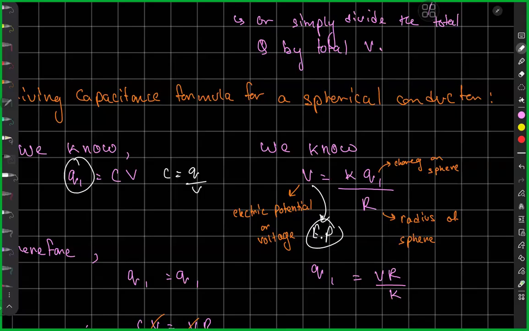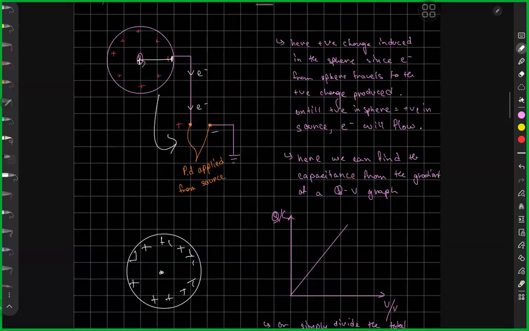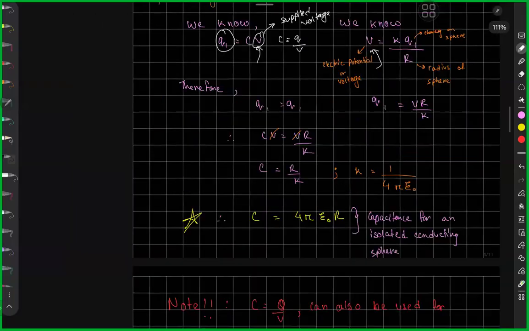It's the same thing. It can be classified as the voltage, no problem. So basically, we have two formulas with respect to voltage. One is defining the supplied voltage, not necessarily the supplied voltage, but it's going to be the same. Whatever the supplied voltage is, the potential difference accumulated in this charge will also be the same, basically in this sphere.